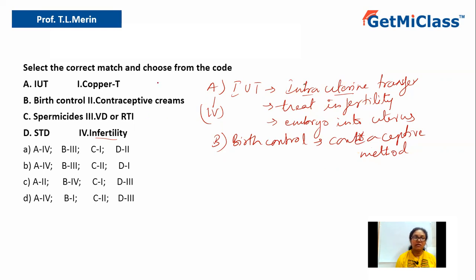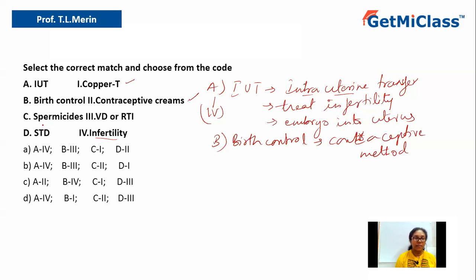So let us see here. There are two things which can match. One is copper T and the other one is contraceptive creams, because both are contraceptive in nature. So anything can be matched up with birth control. But let us see the others and then we will decide what should come in.